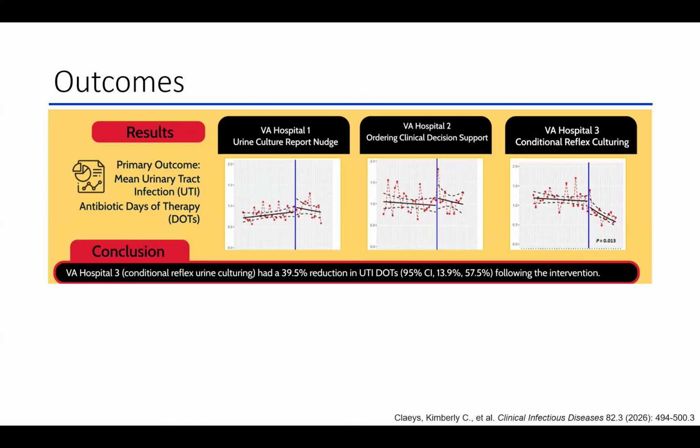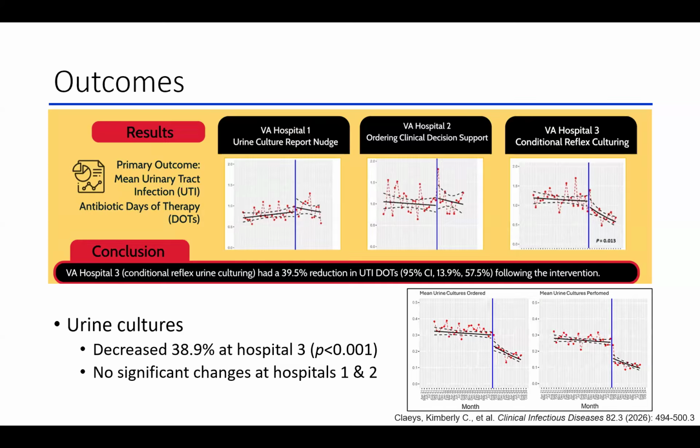And if you look at Hospital 3, they are the only ones that had a statistically significant drop in the days of therapy. And it was mirrored by a decrease of about the same amount, so about 40% of urine cultures, whereas there was no change in urine cultures at Hospital 1 and 2.